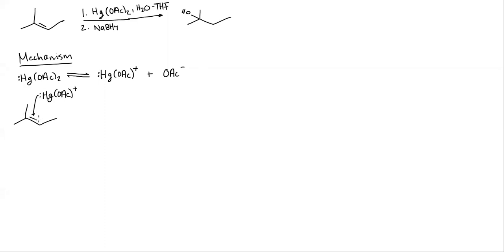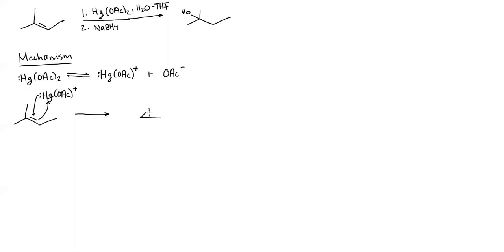But at the same time, the double bond is going to attack back because this is positively charged, and these electrons are negatively charged. So it's going to attack and simultaneously attack back, okay? So then that's going to give us a very interesting intermediate that we do need to know.